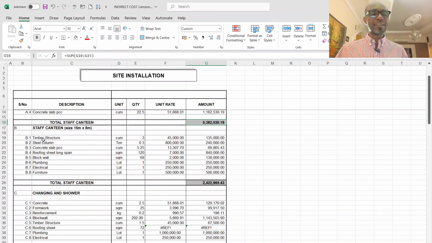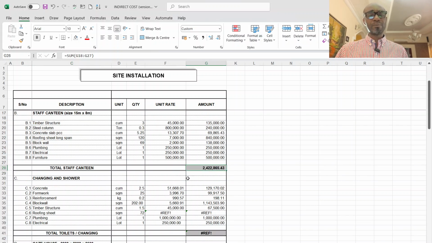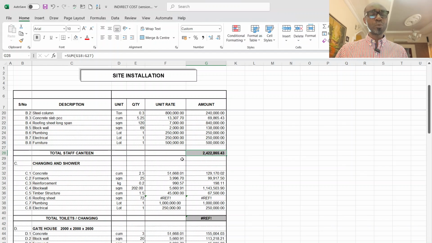The canteen, this we are going to measure. We are going to measure each of those structures according to the assumed design. Like for the canteen, it's going to cost 2 million direct cost to build.